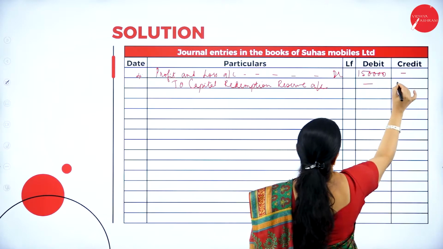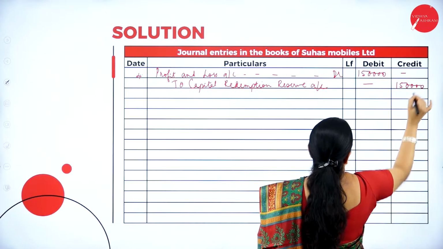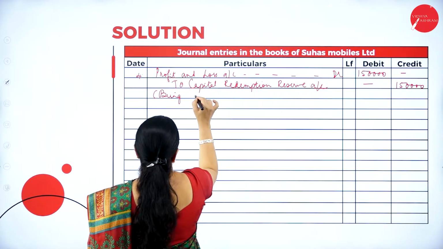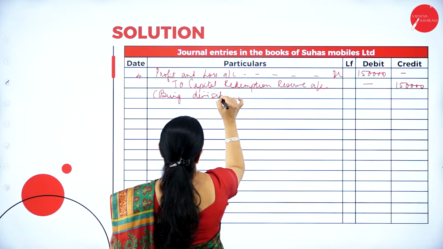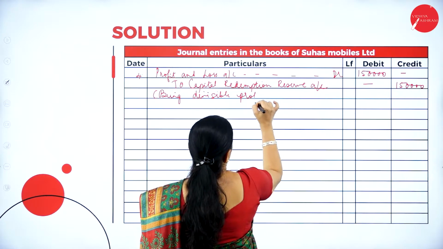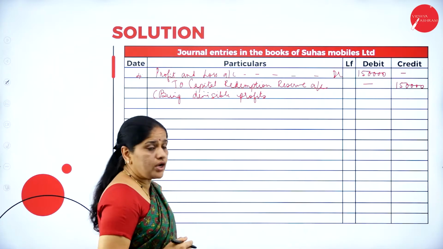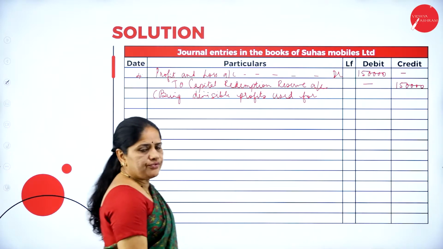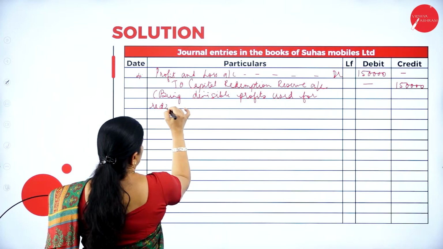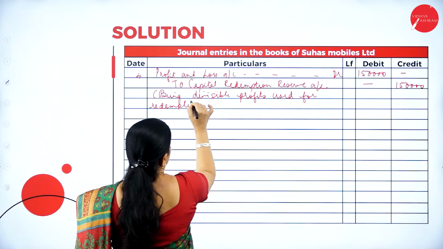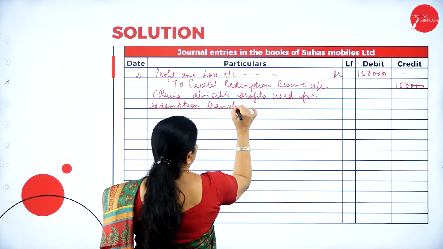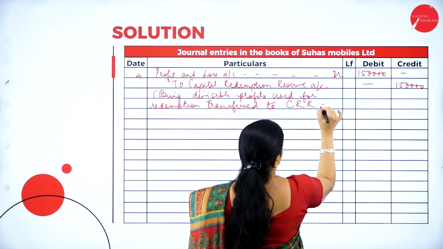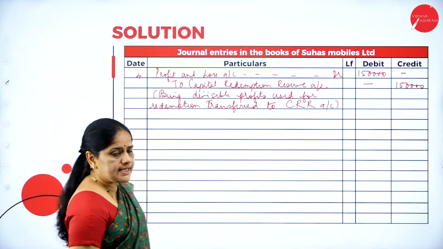To capital redemption reserve account 1,50,000 being divisible profits used for redemption transferred to CRR, that is capital redemption reserve account.